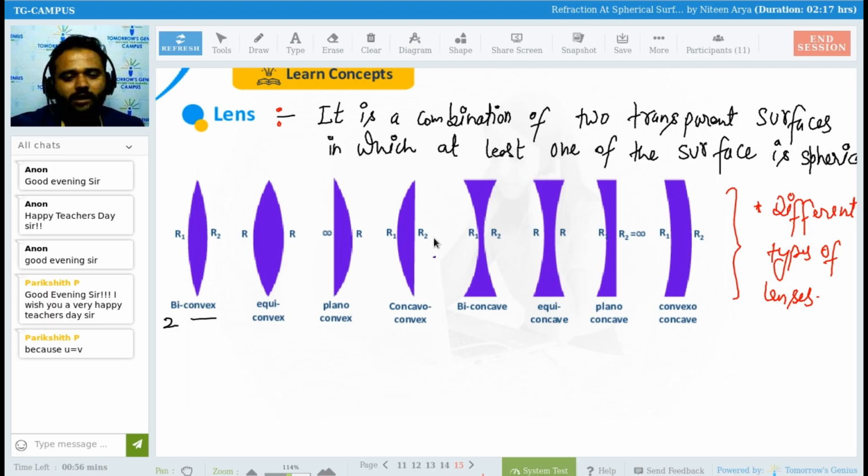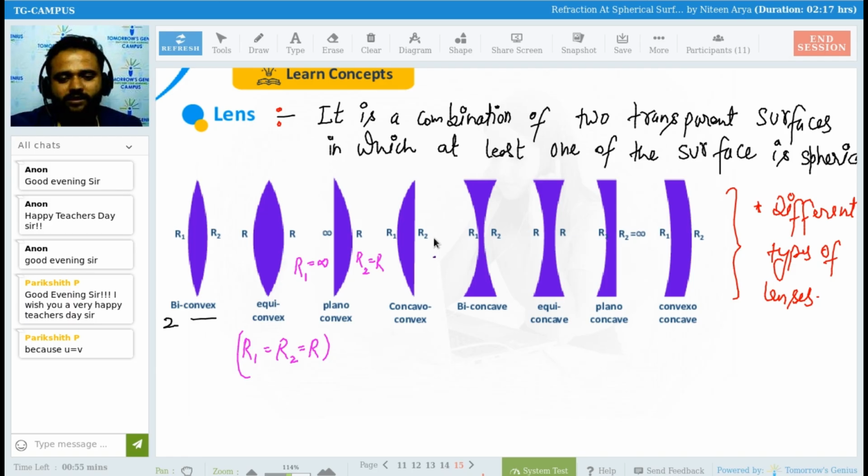Biconvex means both the surfaces are convex. Equiconvex means R1 equals R2 equals R. Plano-convex: one surface is plane, so R1 is infinite and R2 is R in general. Then the concavo-convex, where R1 is a convex surface and R2 is concave.